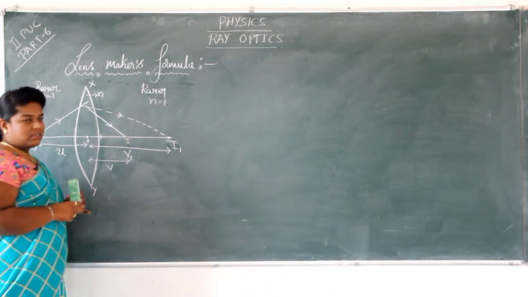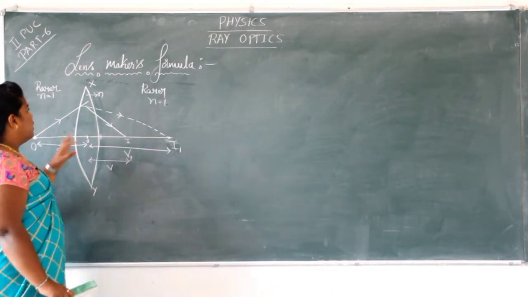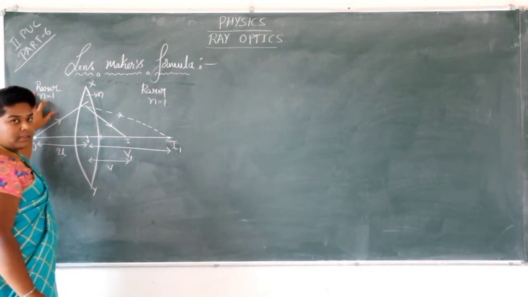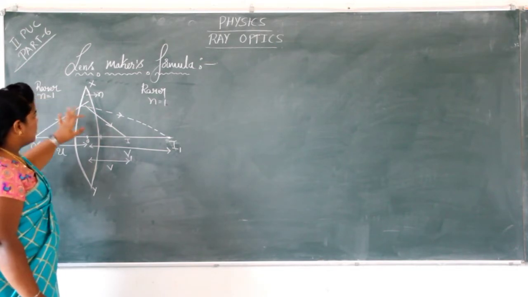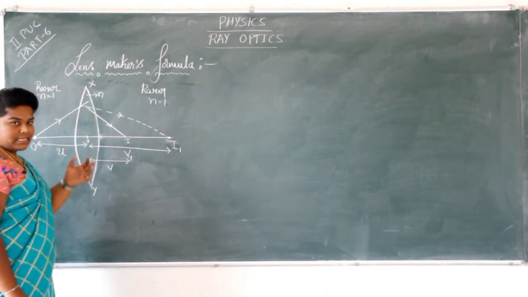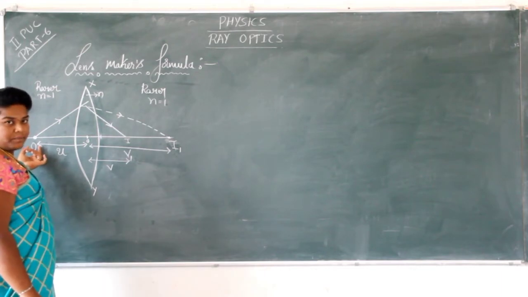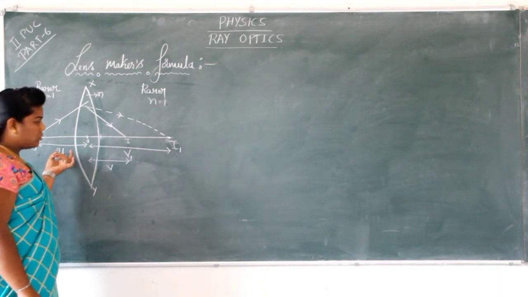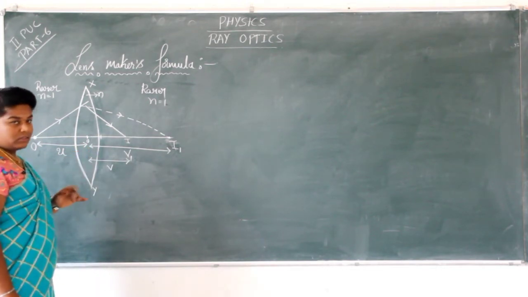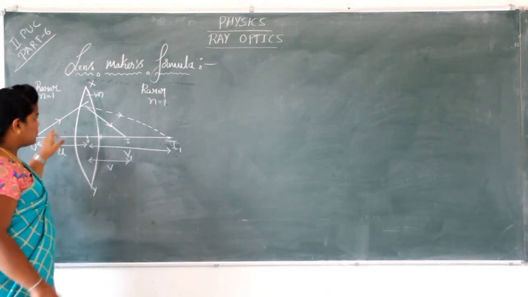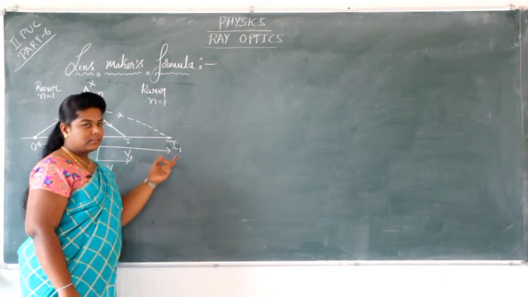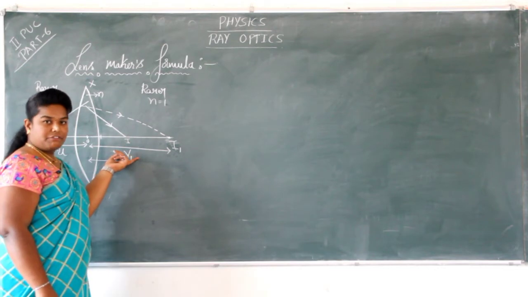I am just going to represent the terms here. So note it down in the notebook, where XY is the lens. For the rarer medium, the refractive index is equal to 1, and for the lens, the refractive index is equal to N. In the next line, O is the object at a distance of U from the optic center. After refraction from the first surface, the image is formed at I1 with an image distance V1.